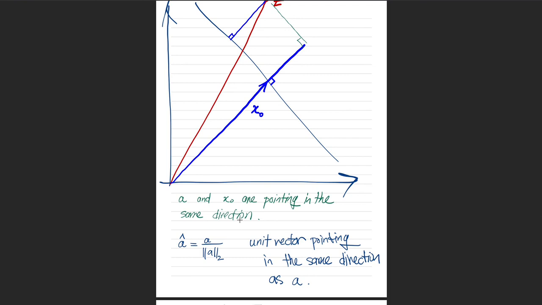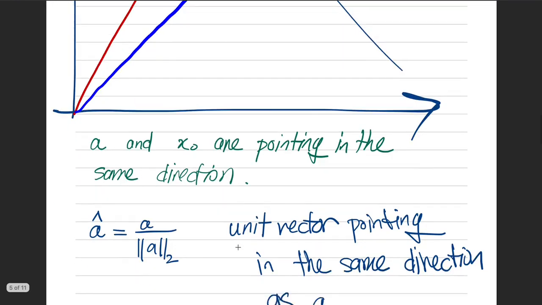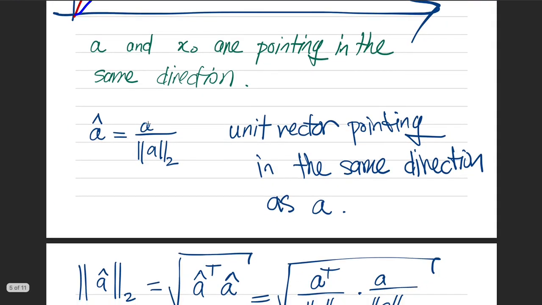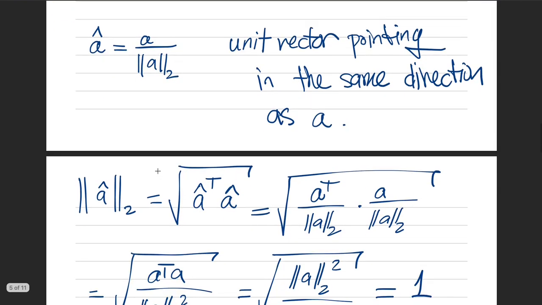That's why the hat comes on top of it. And you can obtain such a vector by taking this vector and dividing it by the length of it.